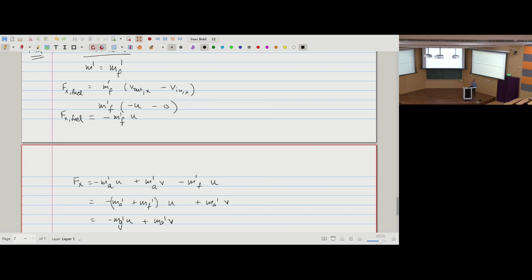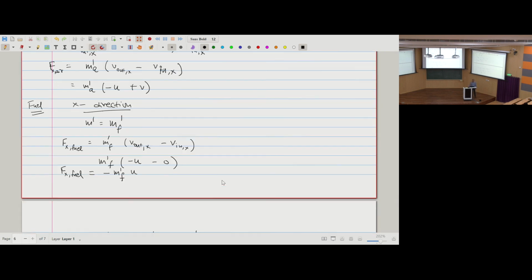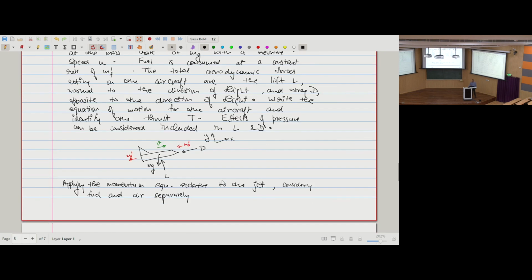Is that right? Now looking at the free body diagram, what is the force acting in the x direction? Drag has a contribution and a component of mg also has a contribution.